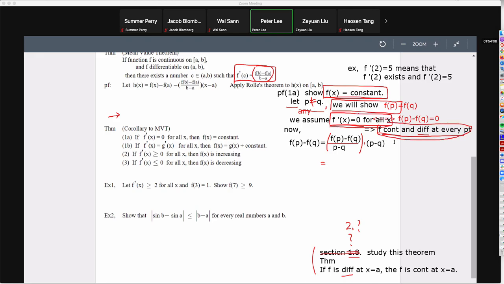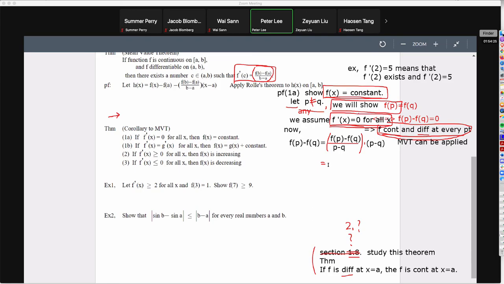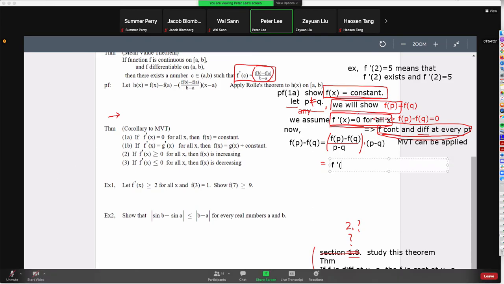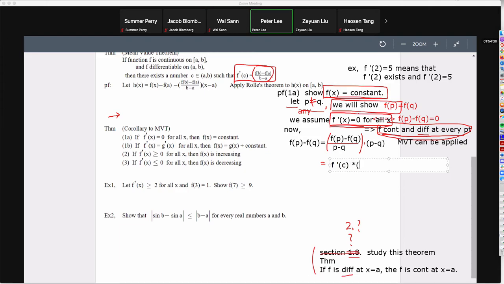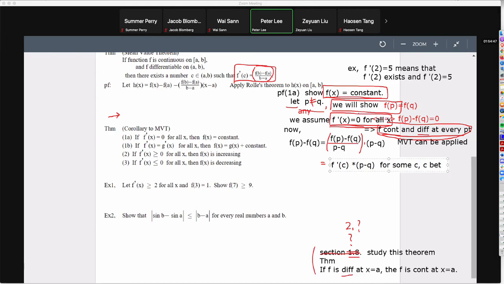Now, the mean value theorem can be applied to this function. So we now write it this way. f of p minus f of q over p minus q, times p minus q. And so now what do we see? This is therefore equal to f prime at c, times p minus q, for some c between p and q.